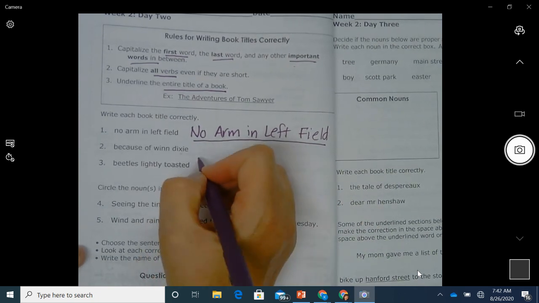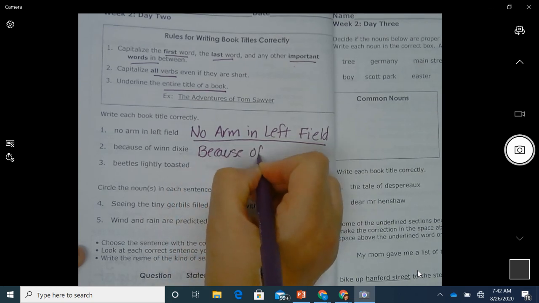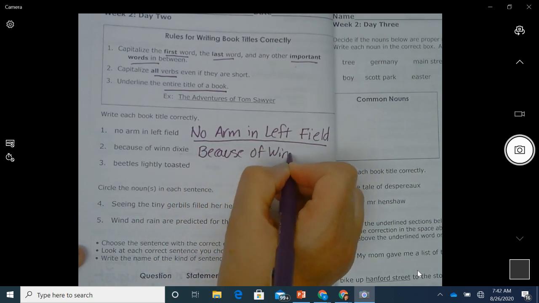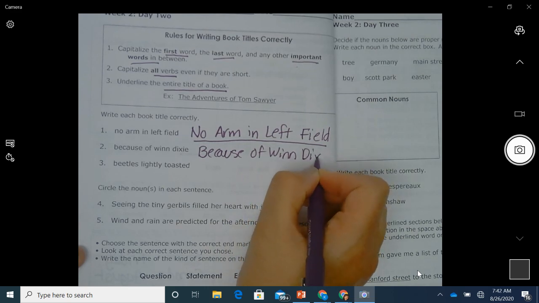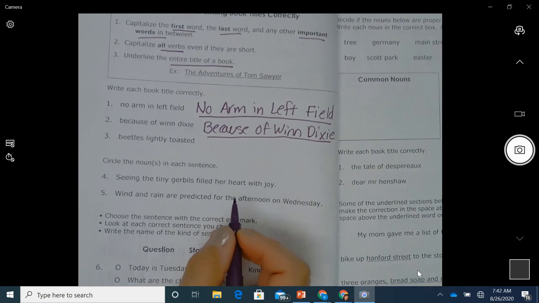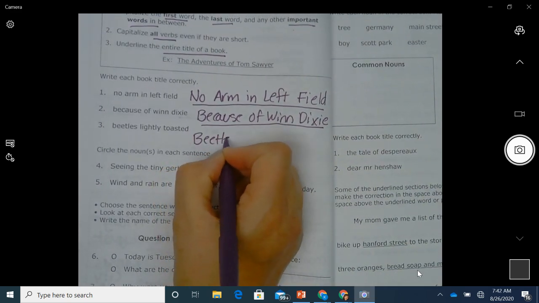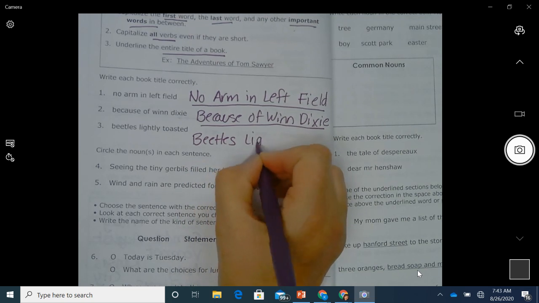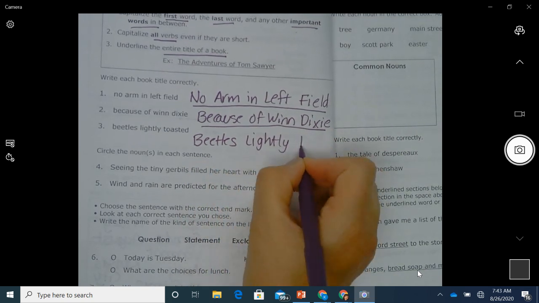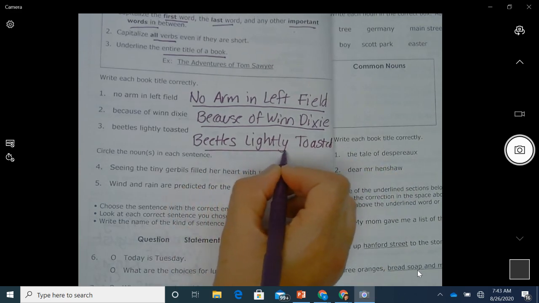Because of Winn-Dixie, that's the name of a book. Because of Winn-Dixie, maybe some of you have read it. We're going to look at Because of Winn-Dixie in our benchmark text. Beatles Lightly Toasted. Okay, I've never heard of that, but I guess it's a book. Beatles Lightly Toasted. And I don't want to forget to underline.